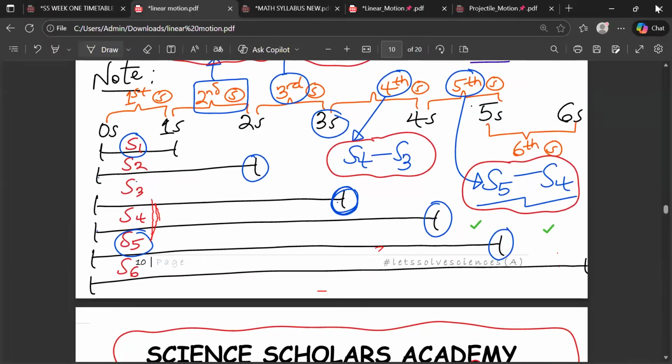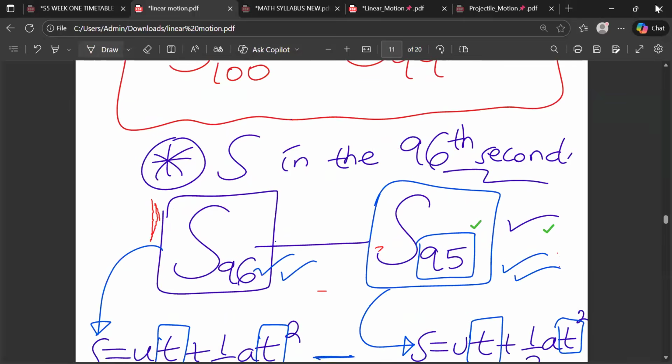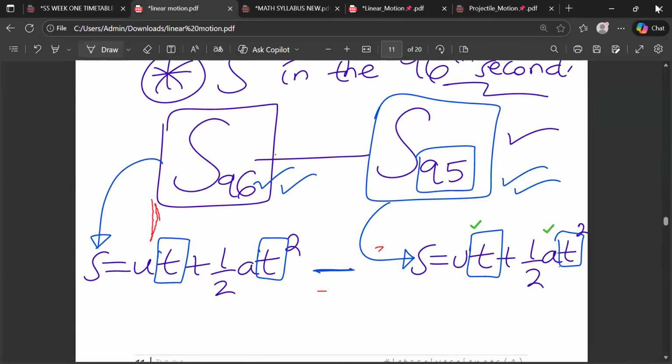Do you get the S96 minus S95 before I tell you about substitution? Yes. We good. Now, this S96 means we want the distance covered in 96 seconds. So 96 seconds are supposed to be substituted where there is time. Remember, these ones are seconds, and seconds mean time. So we are supposed to substitute them where there is time.